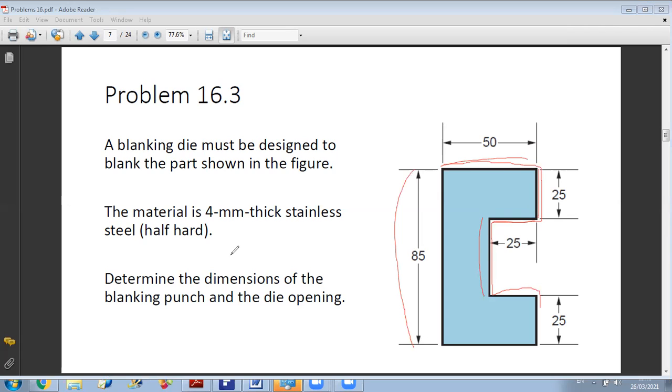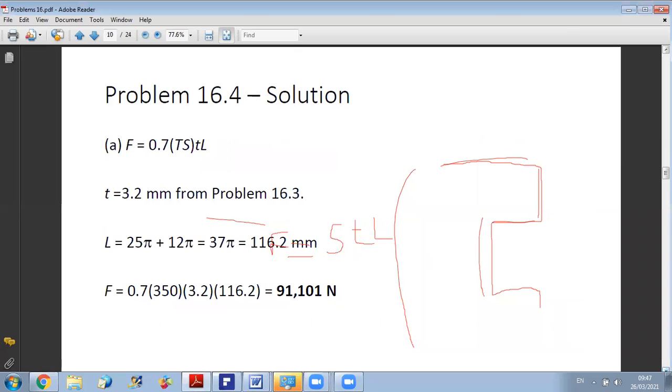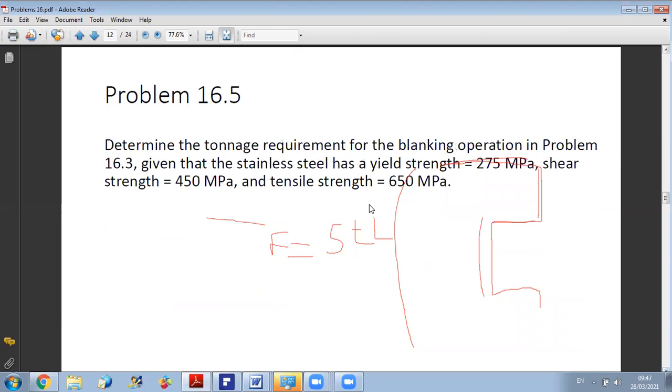Once you have it, knowing the material thickness, and they gave us now the shear strength, you just say that F is equal to the shear strength times the thickness, which is 4, times the perimeter length, which is calculated as we said based on the perimeter of the blank part. Now, in this problem, no need to use the formula 0.7 times the tensile strength because they gave us the shear strength.